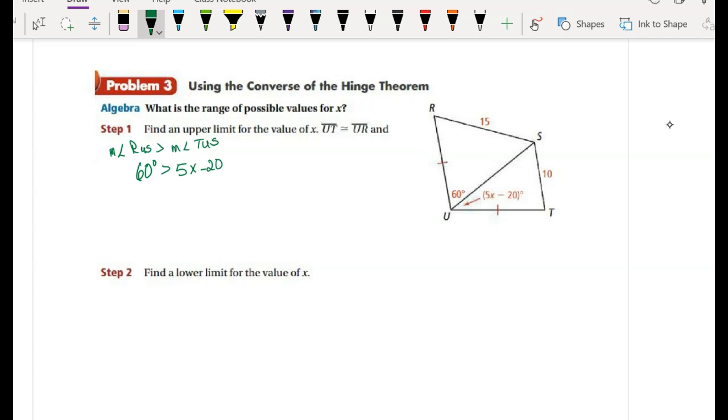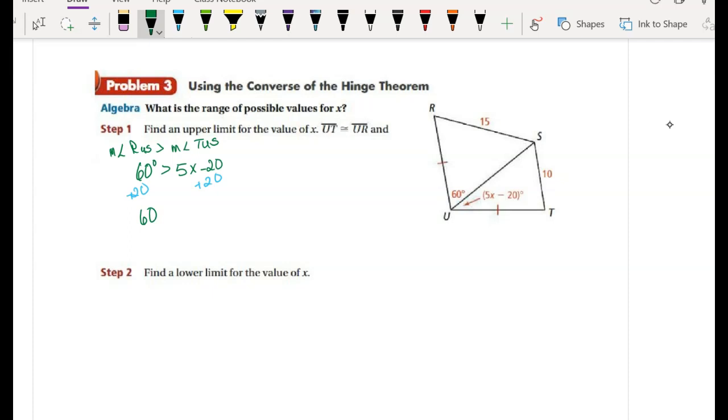Now, I'm looking for my upper limit. How do I know that 60 is my upper limit? Because angle SUT has to be smaller than 60, right? So now I'm going to add 20 to both sides.